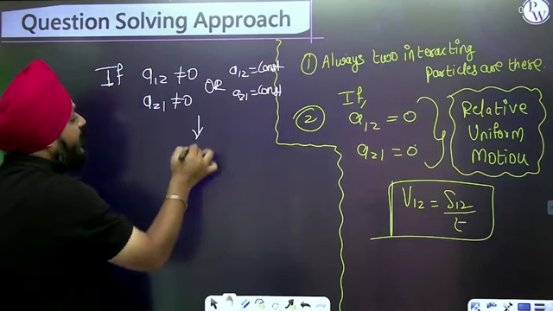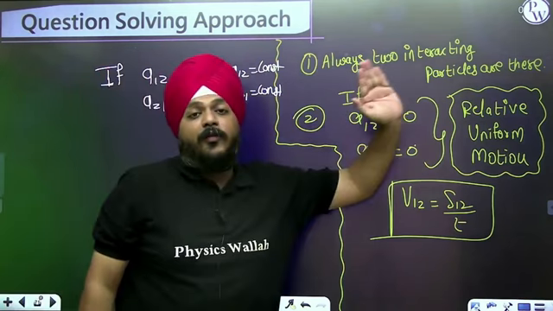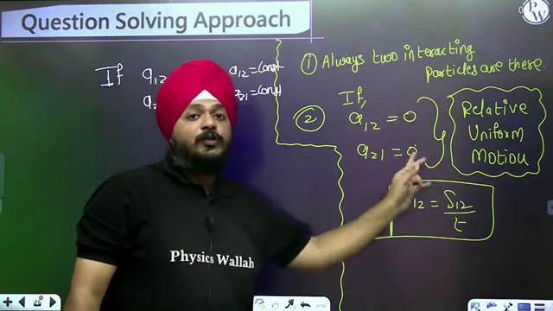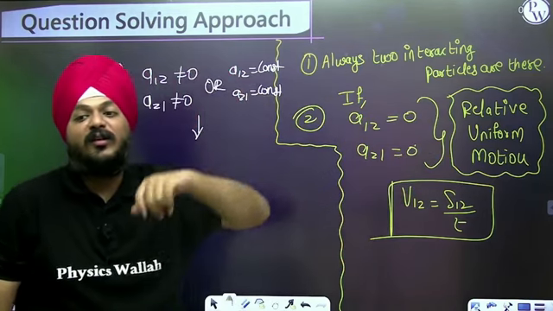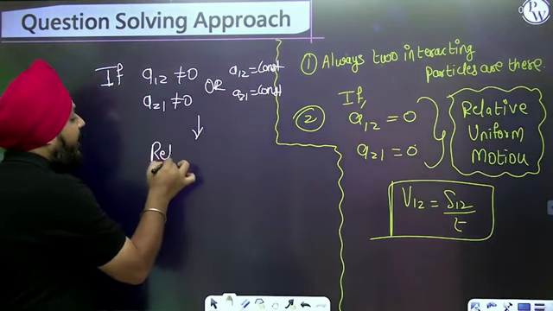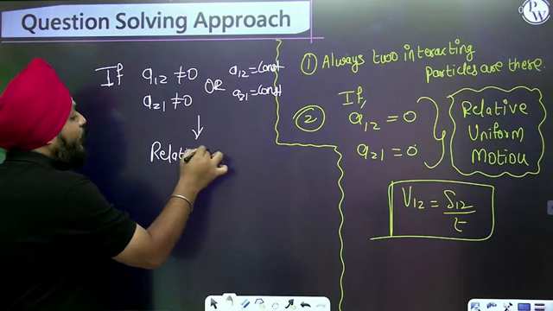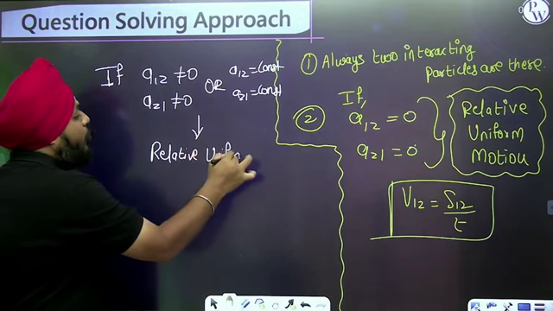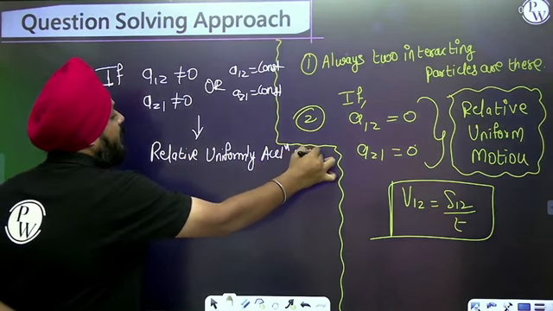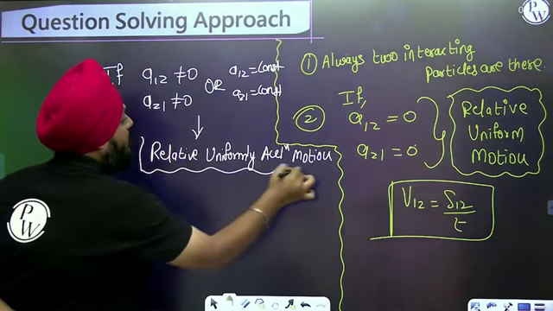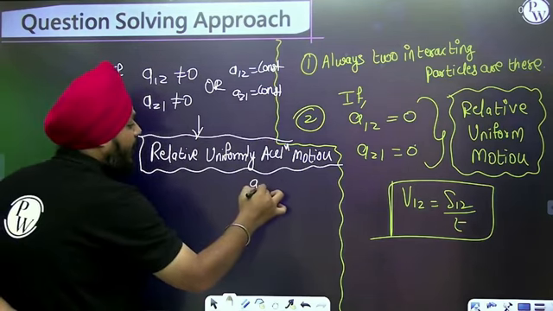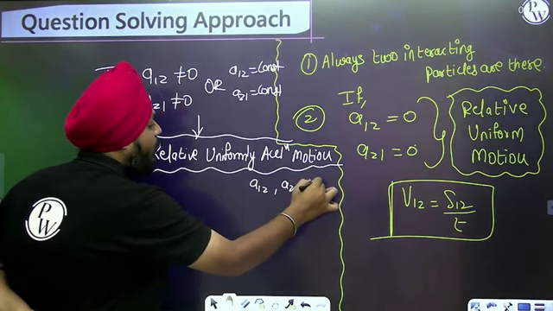If any one of the interacting particles is having acceleration, then this is going to be non-zero. Then this will be the case of relative uniformly accelerated motion.